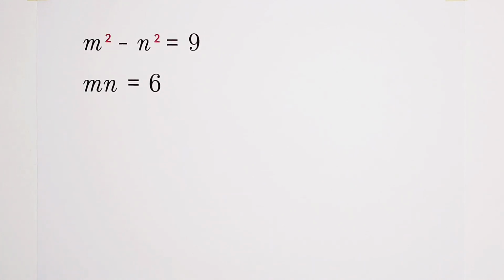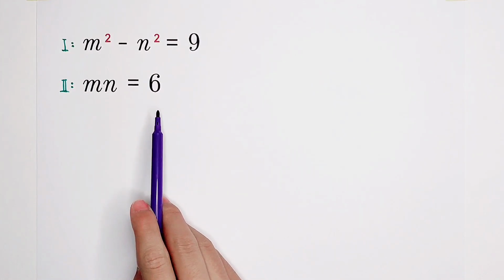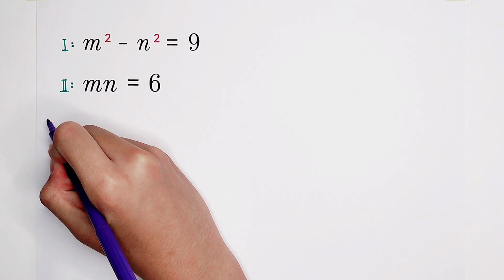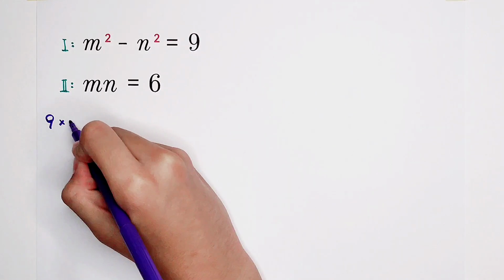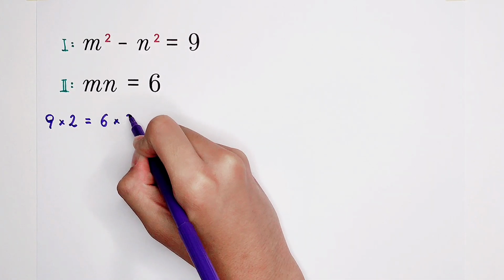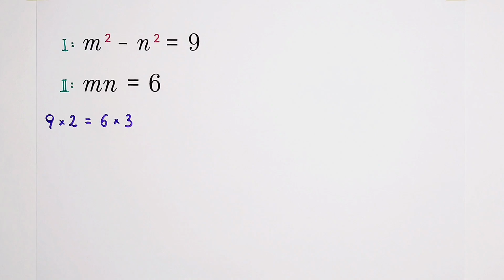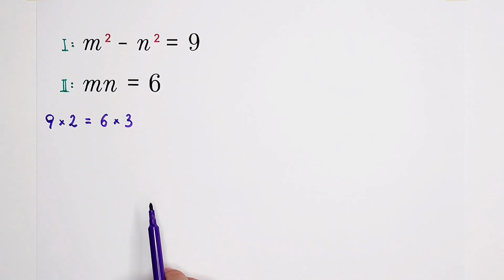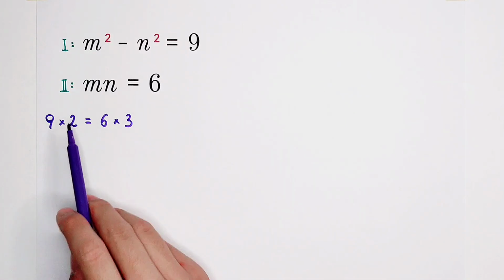Now let's use it. 9 times 2 is 18 and 6 times 3 is also 18. So that means 9 times 2 is equal to 6 times 3. Very good. We know that 9 is equal to m squared minus n squared and 6 is m times n.